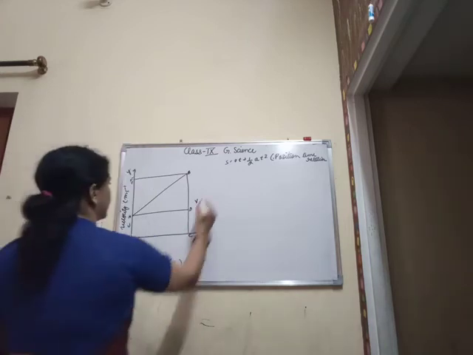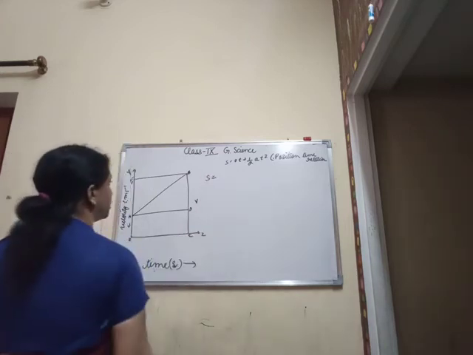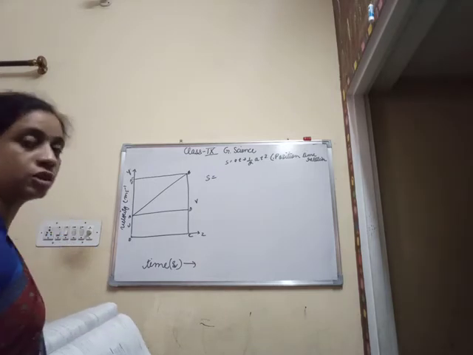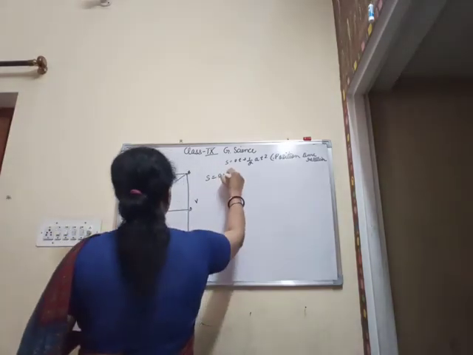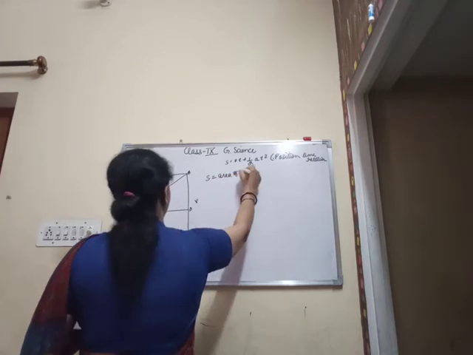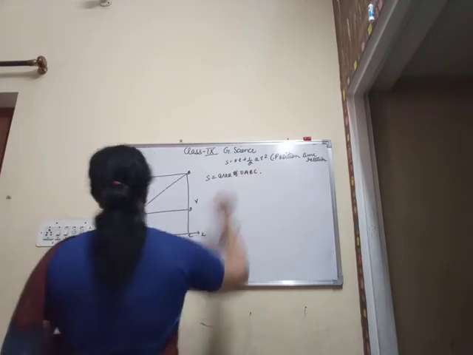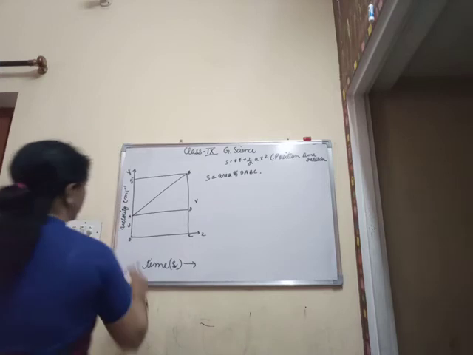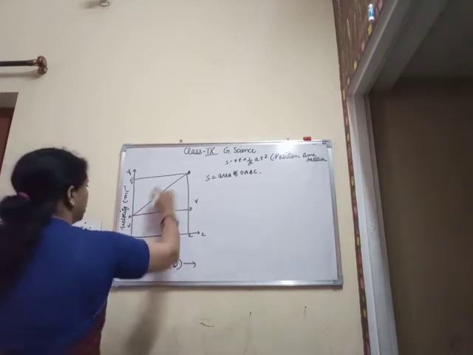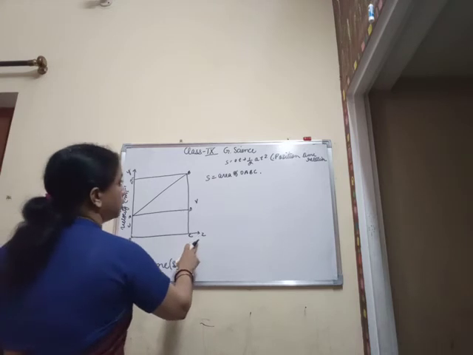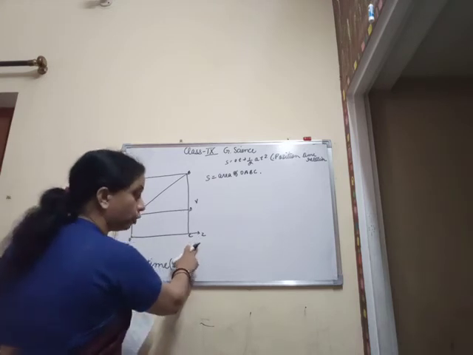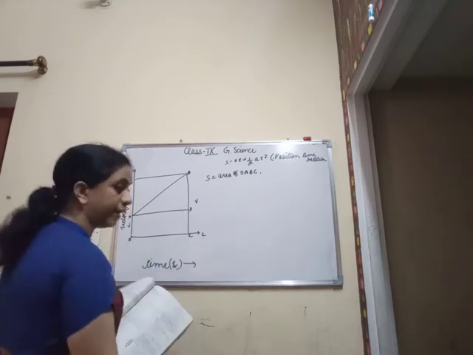So S is equal to the distance or the area covered by the object. So area of OABC. This whole shaded area OABC will give us the total distance travelled by the object.